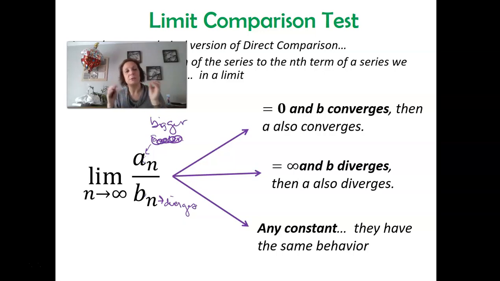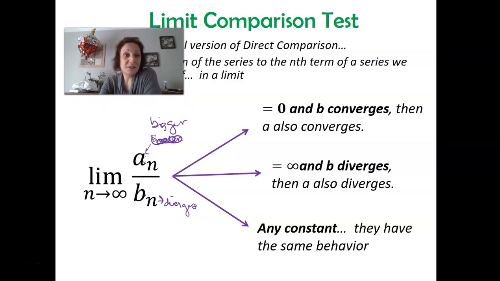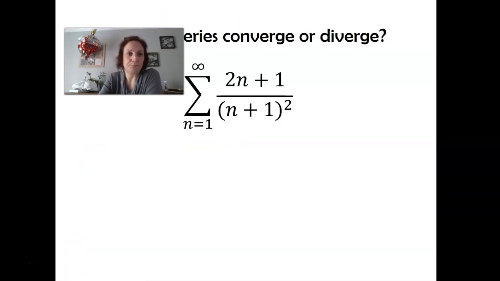If that thing goes to infinity, then I know I have something bigger. So if my thing is bigger, then I'm only going to be able to prove divergence. Again, they reserve the right to specifically ask you to use the limit comparison test. We don't really see it very often though.